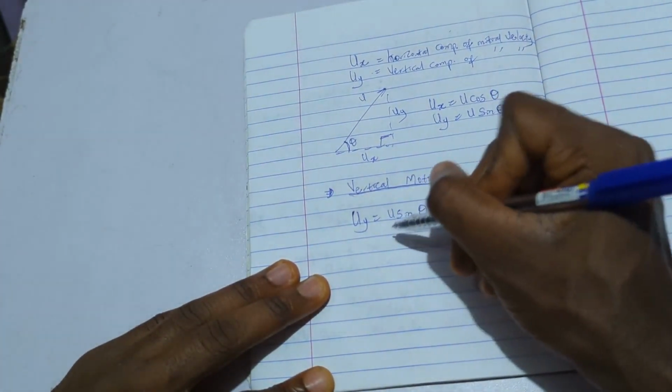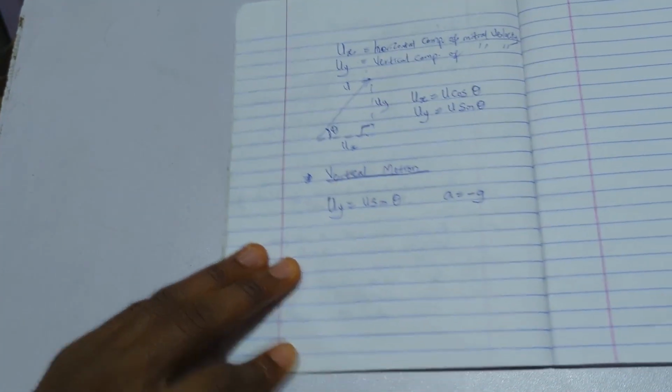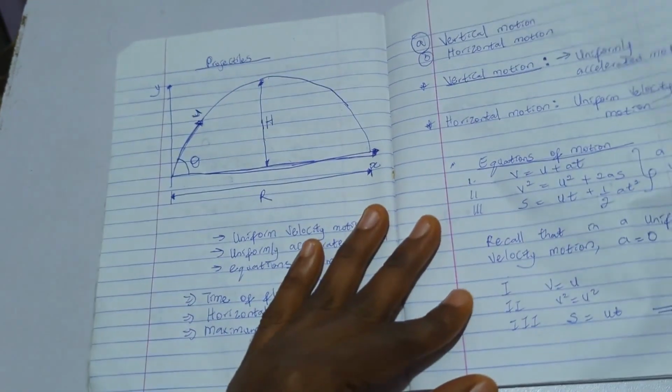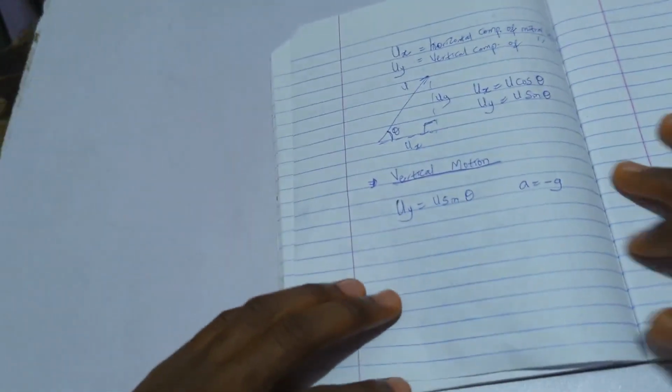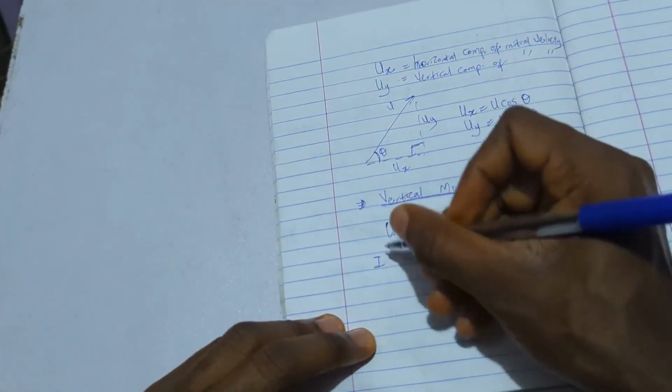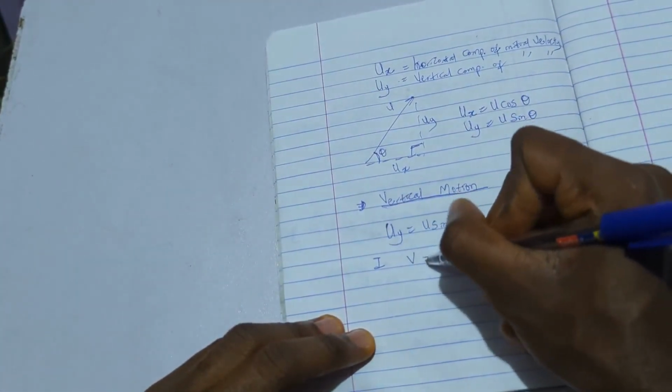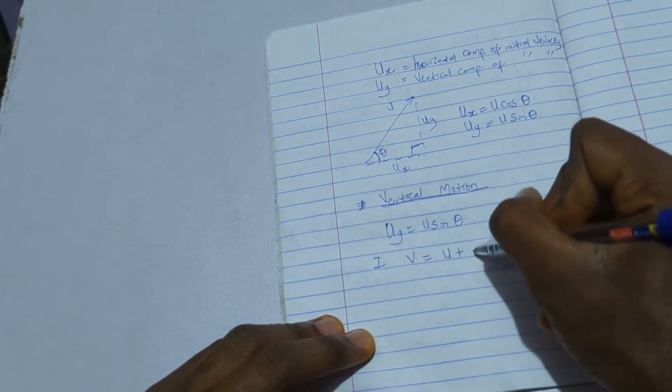The next thing for us to try to find out is to use the equations of motion which we have. Let's try with the first one. Equation 1 tells us that v is equal to u plus at.